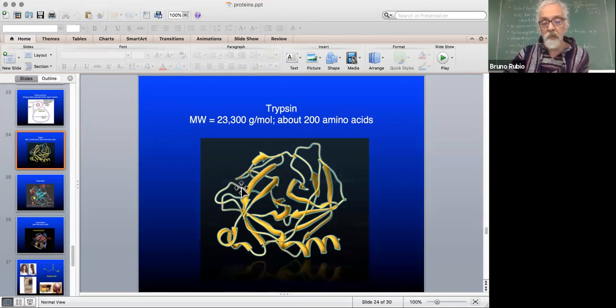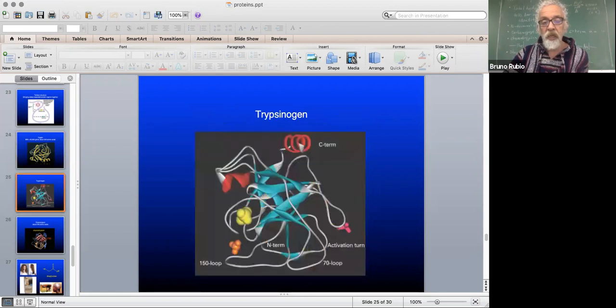And then we have regions of the protein that are neither helical nor beta pleated. That's just this filament here, but this is a bunch of amino acids all strung together. Okay, so that's trypsin.